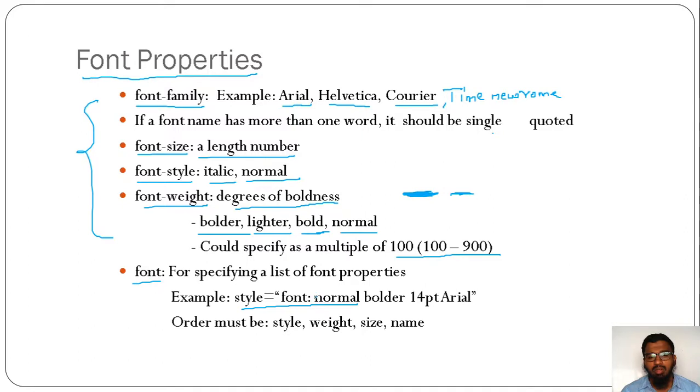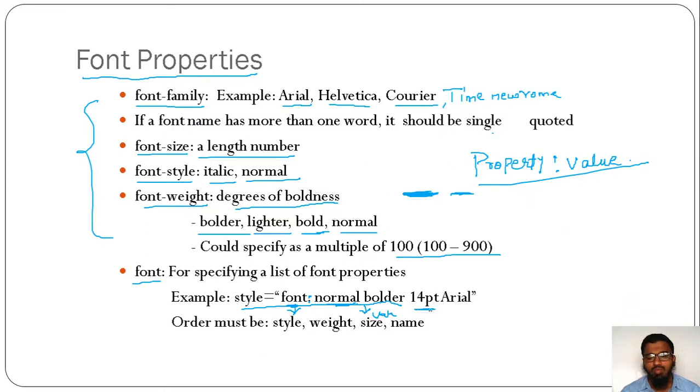Font colon. Font colon means this is a property. Font is a property, and normal bolder is a value. What is the code for CSS? Property colon value. This is the syntax, this is the format of CSS styling.